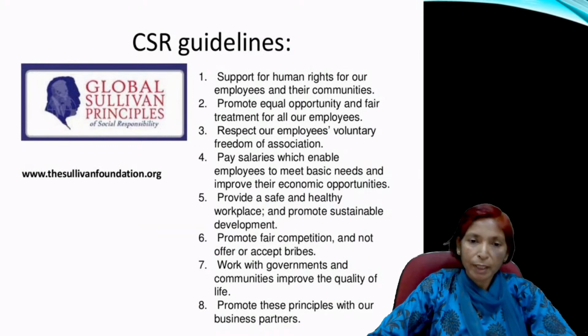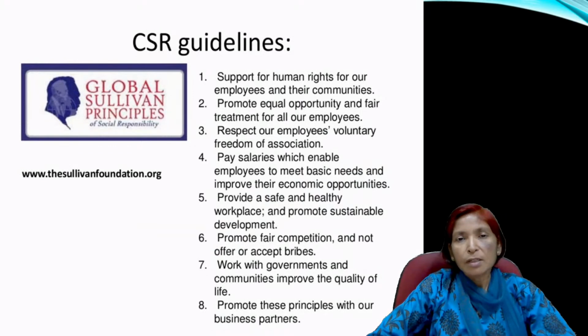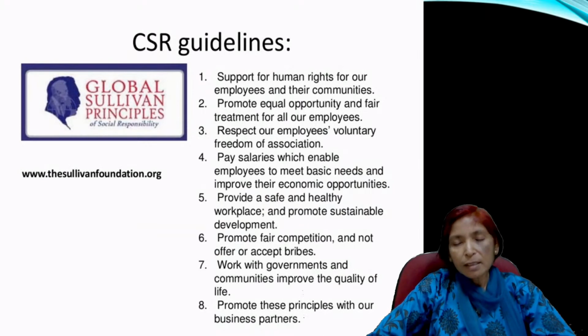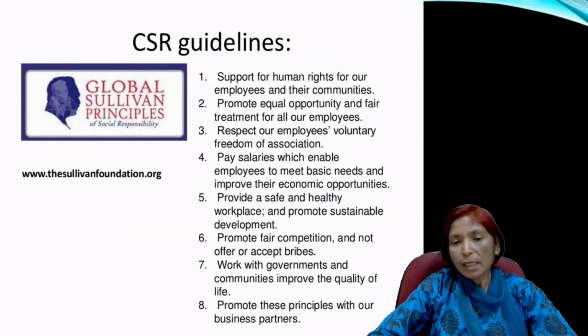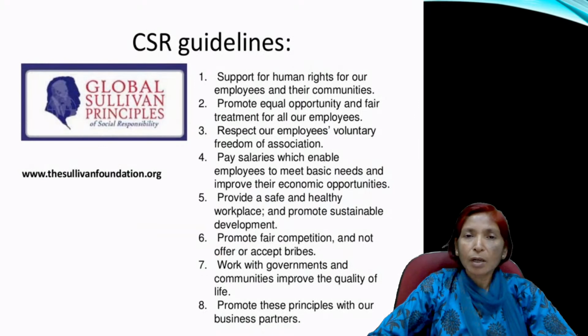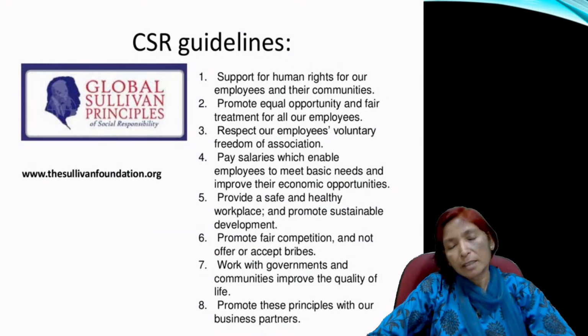should be promoted. Fourth is to pay salaries to our employees equally or according to their talent or skill, pay salaries which enable employees to meet basic needs like food, clothes, shelter, education, health, sanitation. At present, these six things are included in our basic needs.